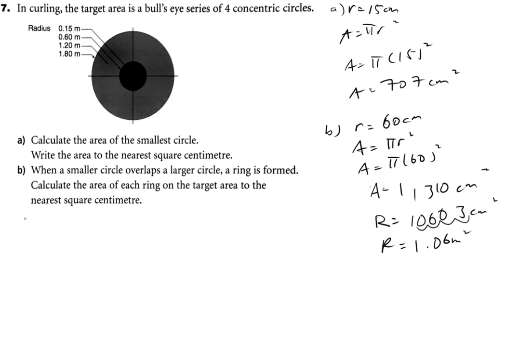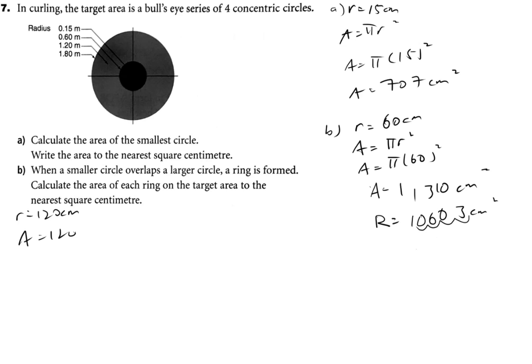Now for the 120 centimeter, we're going to take a look at it like so. Oh, actually it wants it in square centimeters, so disregard this. Okay. So now we have the radius of 120 centimeters.